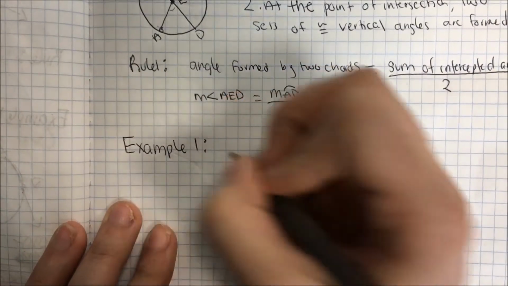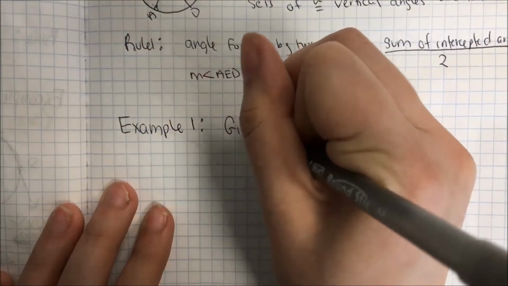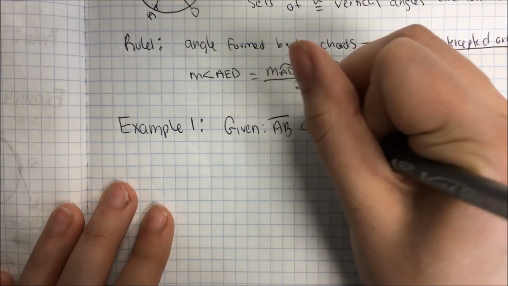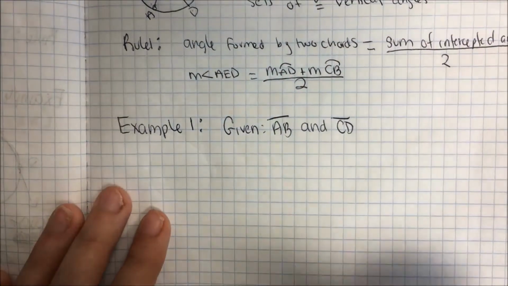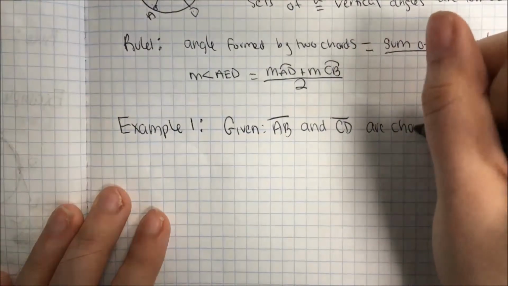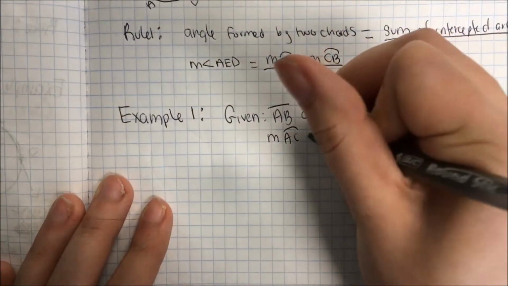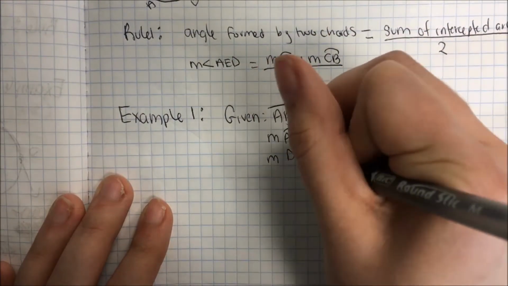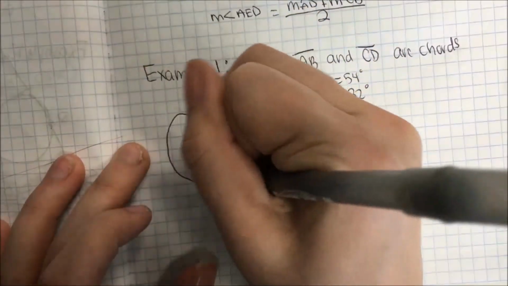So example 1. We're given chord AB and chord CD, and the measure of arc AC is 54 degrees, and the measure of arc DB is 32 degrees. So let's draw a picture to represent that.